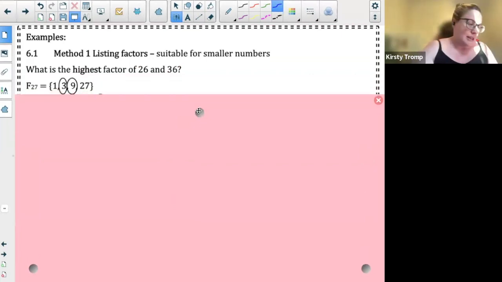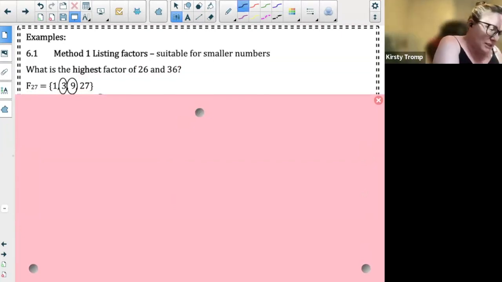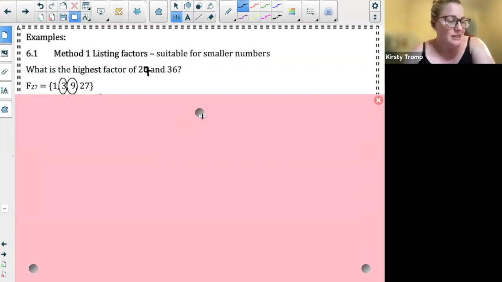Again, there's a small mistake here because this should say 27. So first you would list all the factors of 27. What are the factors of 27? We would use our nice little table that we learned last week. 1, 3, 9, and 27. Then what would we do?